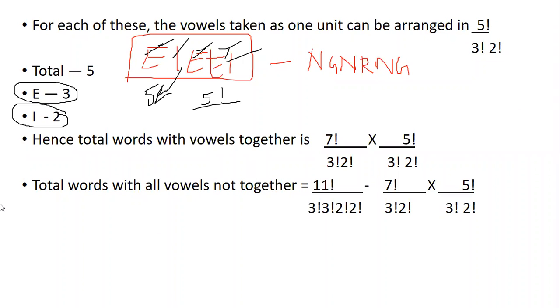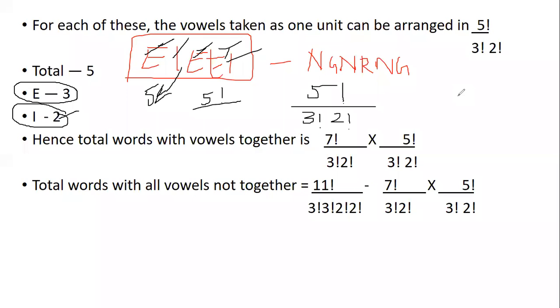Any doubts? Now, after getting 5 factorial ways, we divide by what is repeated: E is repeated 3 times, so 3 factorial, and I is repeated twice, so 2 factorial.